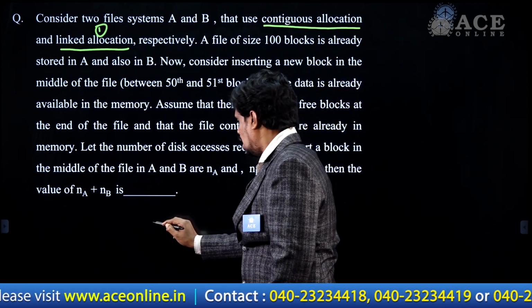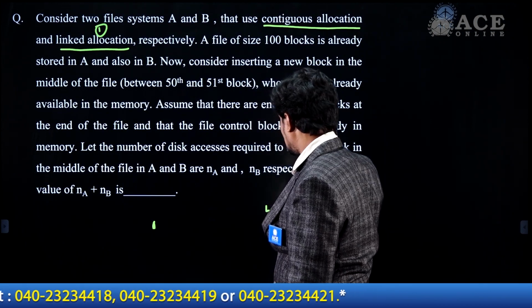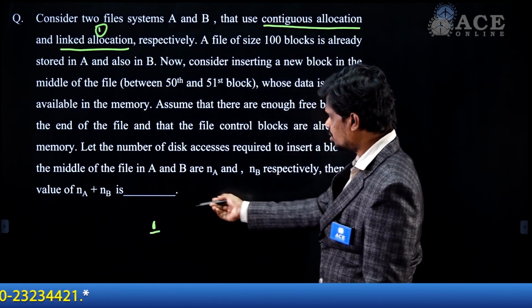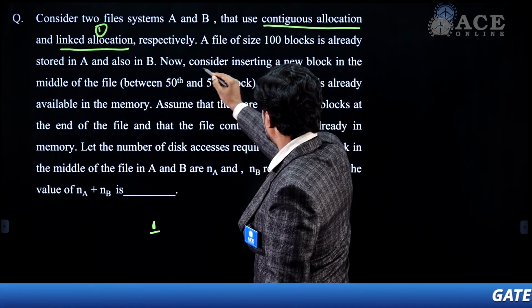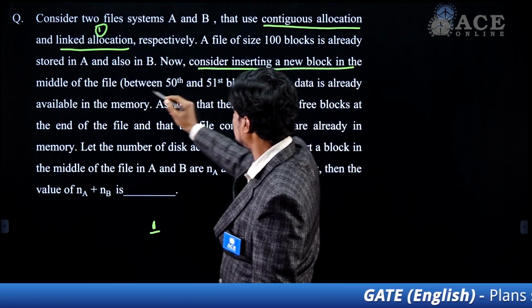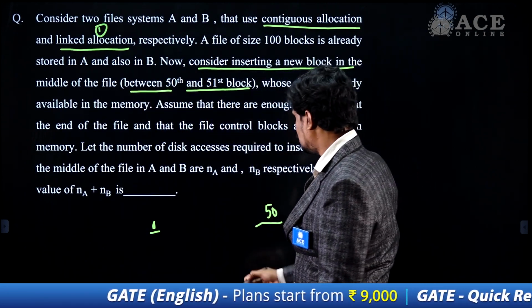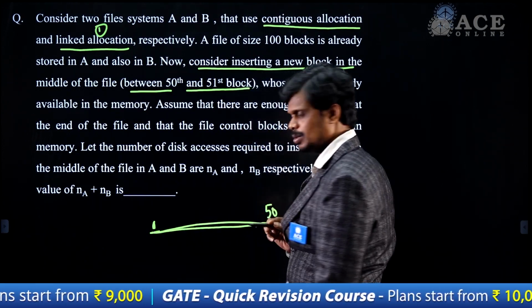So first the 1 to 50 disk blocks must be accessed, because you are inserting a new block between the 50th block and the 51st block. That is why we compulsorily have to access these 50 blocks first.